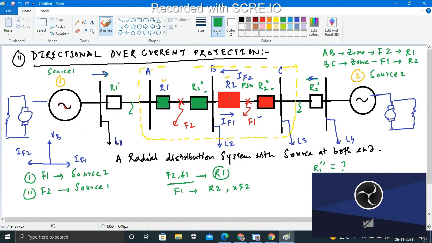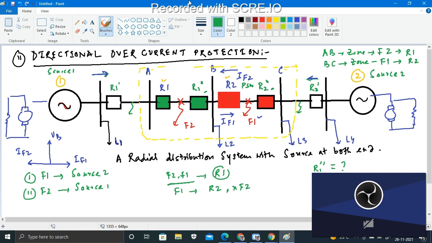Why should I implement this particular relay R1 double dash and R2 double dash? Because we cannot understand during the operation where the fault will be located or occur. For that case we have to check which feeder has the fault.